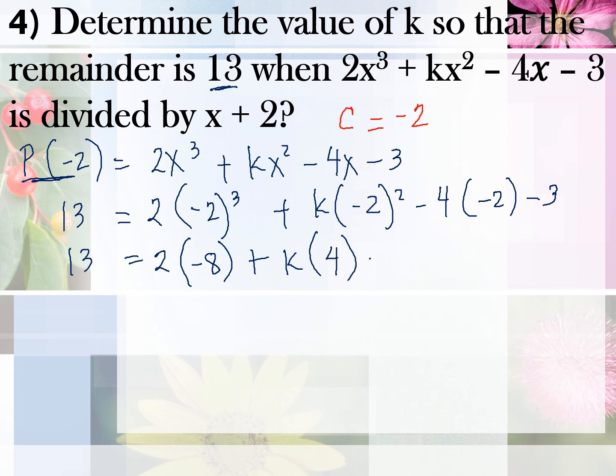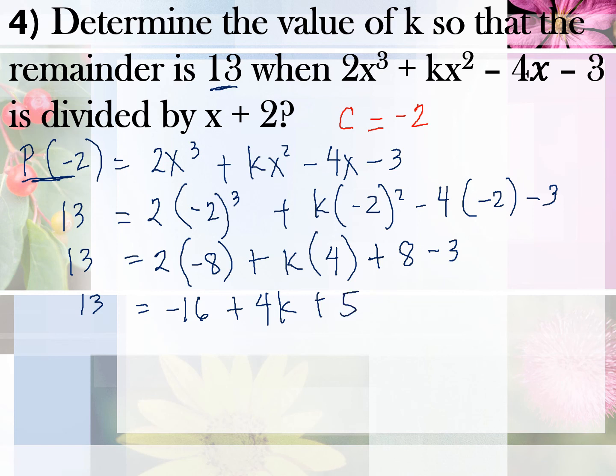Minus or magiging plus na yan kasi negative 4 times negative 2 is positive 8 minus 3. Then, simplify. Bring down ulit yung 13. 2 times negative 8, that is equal to negative 16. K times 4 is 4k. And then, 8 minus 3 is positive 5.